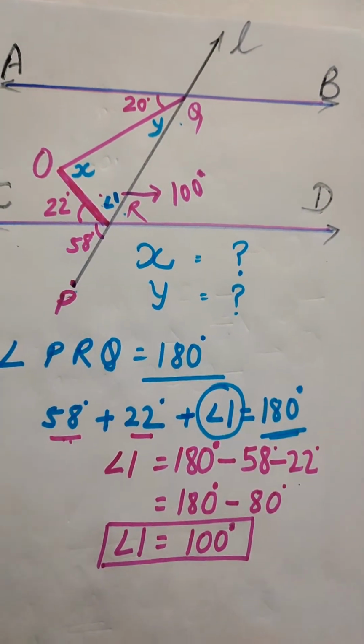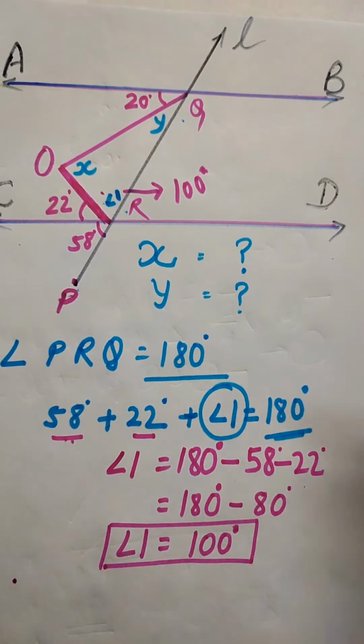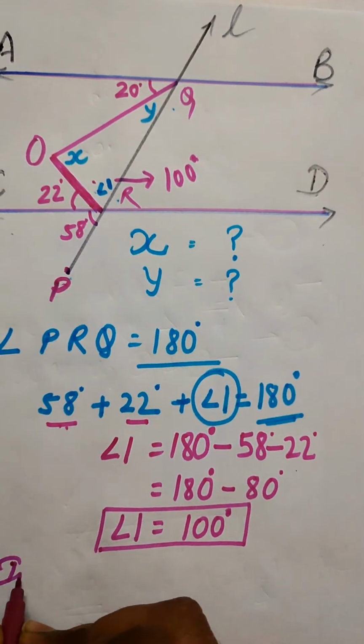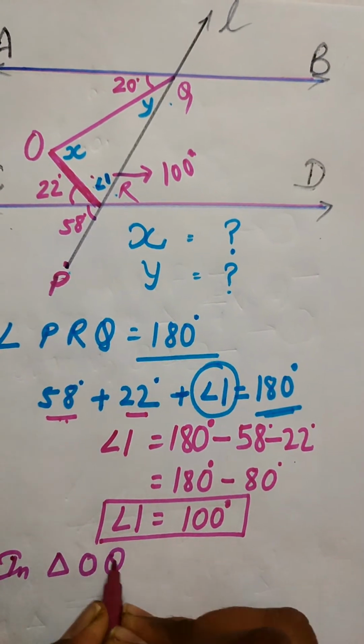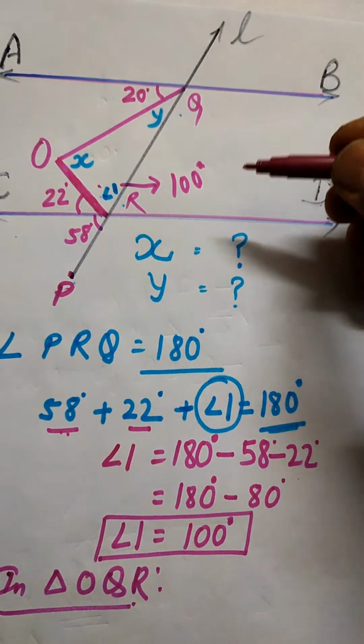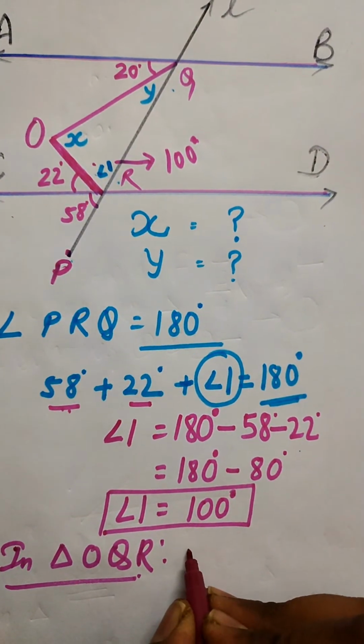Now in triangle OQR, which is forming between the two parallel lines, we have three angles.